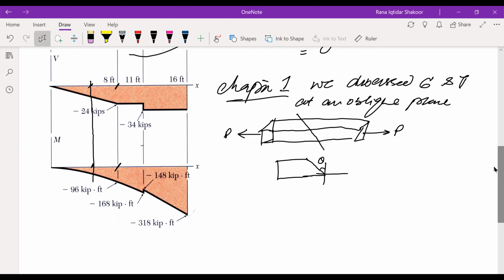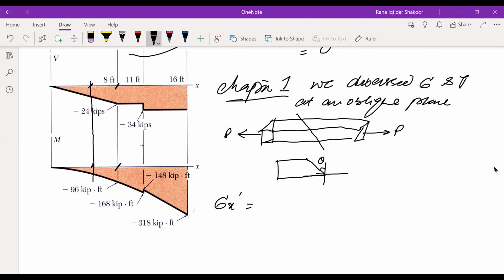And from there we calculated that sigma x prime, I mean, in this direction it was sigma, but now in this particular case it will be sigma prime because the angle is involved.